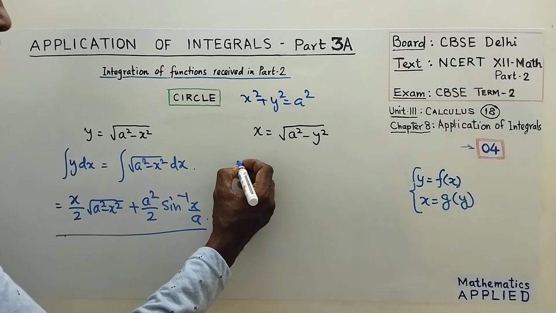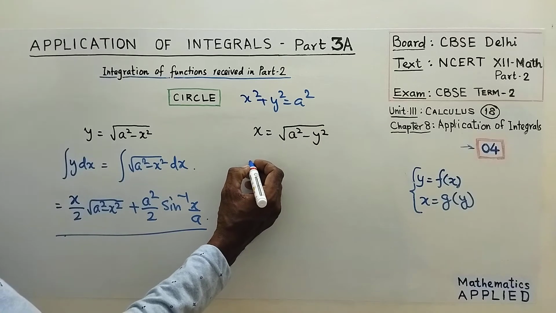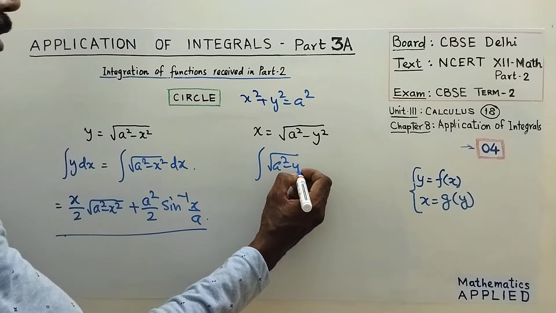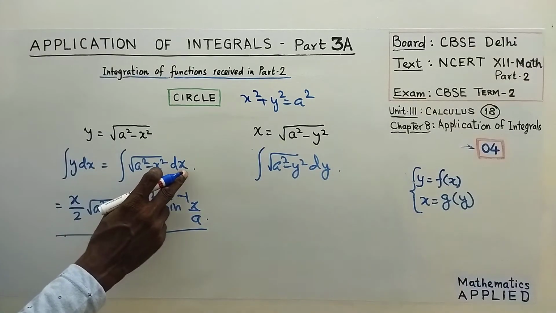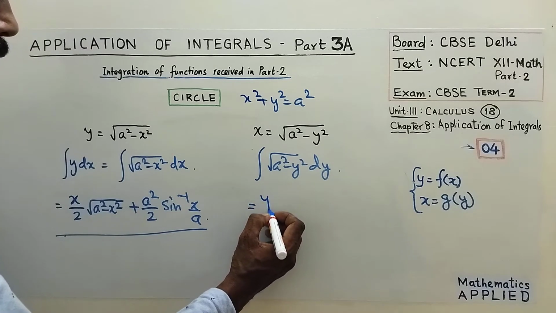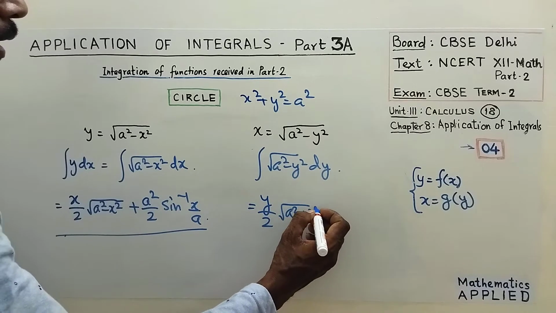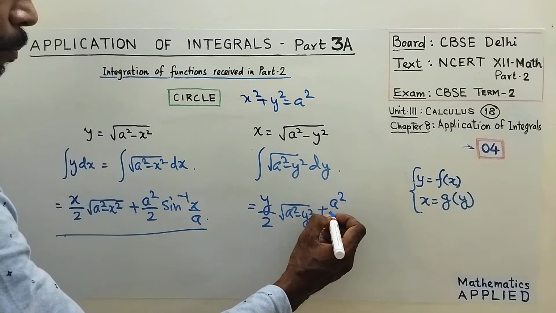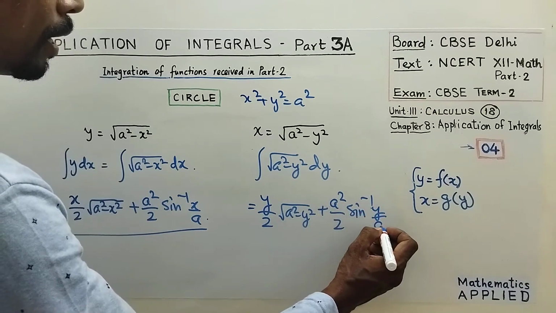Similarly, for this one, when you integrate with respect to y, you will write integral root over a square minus y square dy. Here you had written dx, you will write dy, and this is going to give you y by 2 root over a square minus y square plus a square by 2 sine inverse y by a.